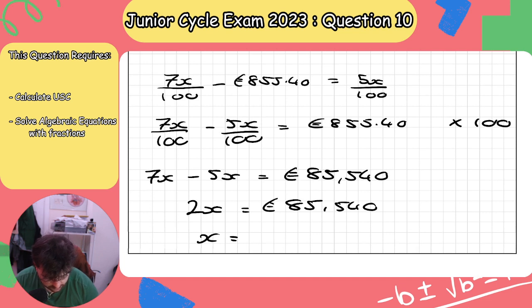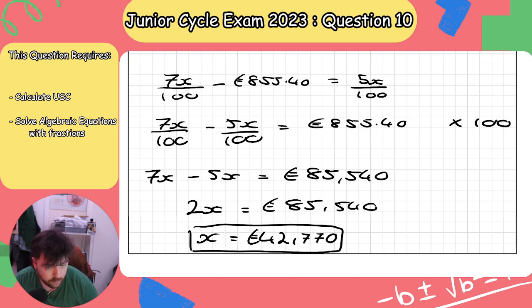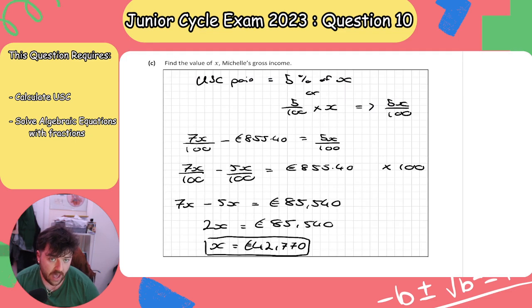X is going to be equal to 42,770 euro. So that is Michelle's gross income. So that was a bit of a tricky one, right?